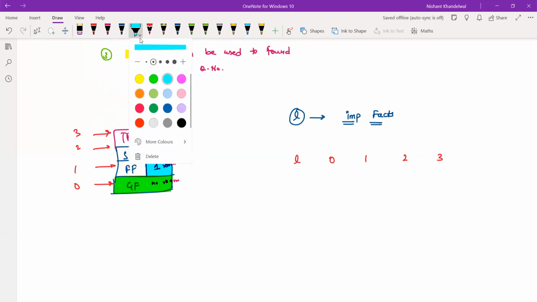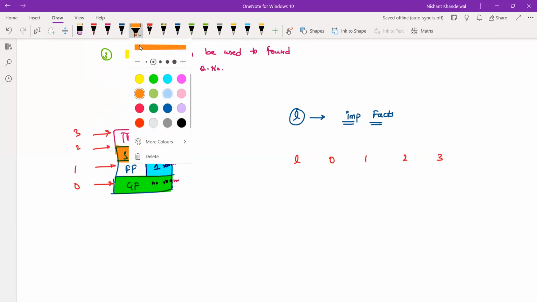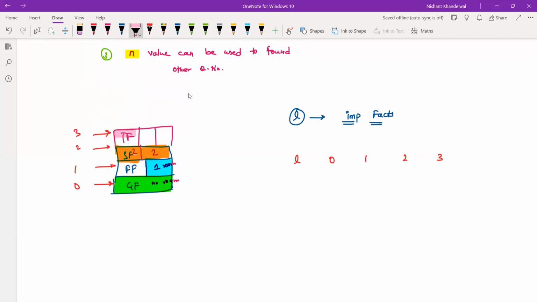If I go higher, I will find two rooms on the second floor. This is a type of building. And on the third floor, I will find three rooms. So the third floor has three rooms.